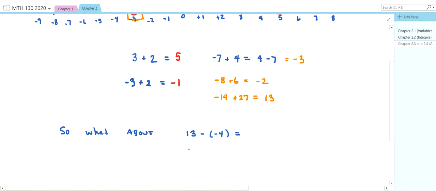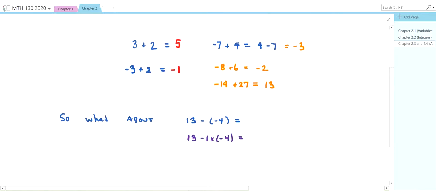So technically what we're doing here is we're saying 13 minus 1 times a -4 equals. So before we do that, we need to figure out how to multiply negative numbers together.